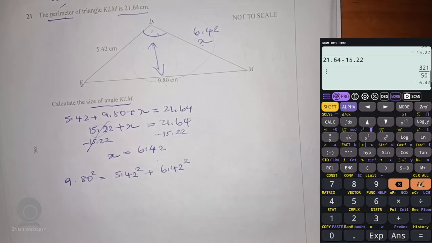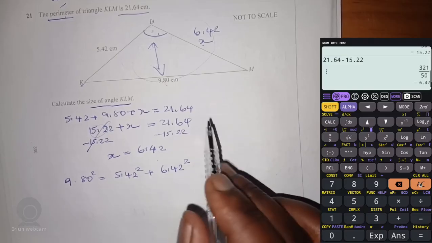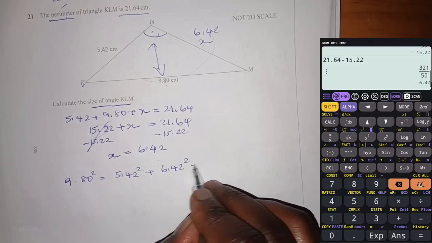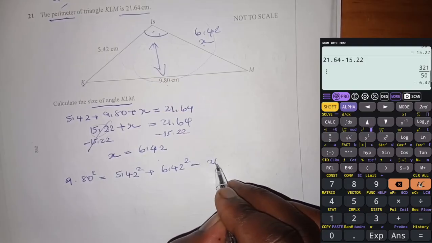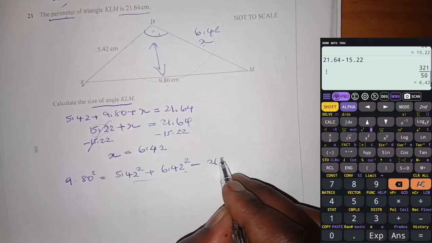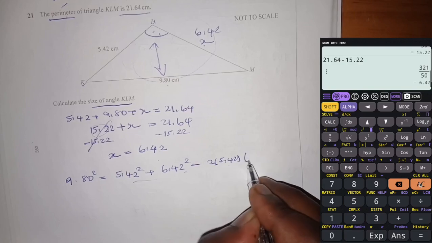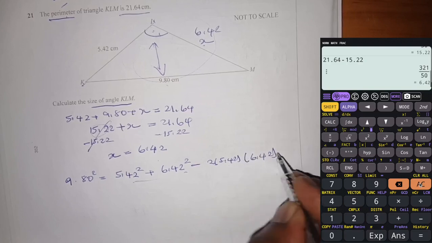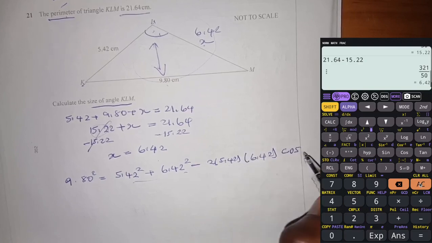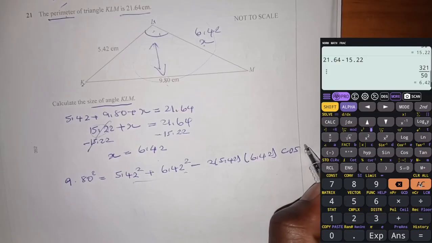If this was a right angle triangle, we are going to stop, but now that is non-right, there is minus 2 times these sides, 5.42, 6.42, cos, this is the cosine of L.